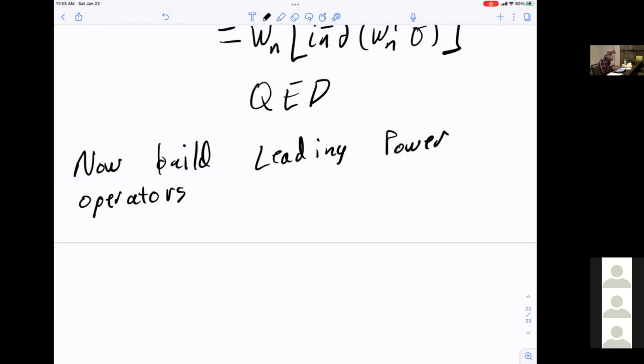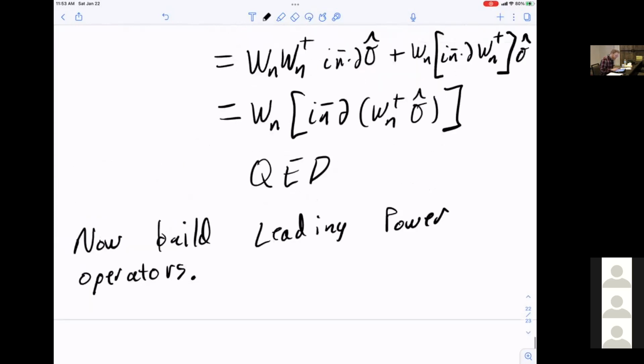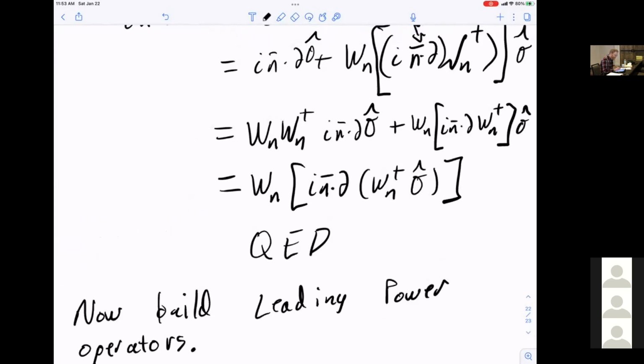What's going to be nice is that because of these Wilson lines converting our covariant derivatives into normal derivatives, it means that normal derivative has no dynamics associated with it, and it means I can actually pull it back into the hard interaction. So any of these, and any normal derivatives like this, I can actually think of as being part of my matching coefficient.